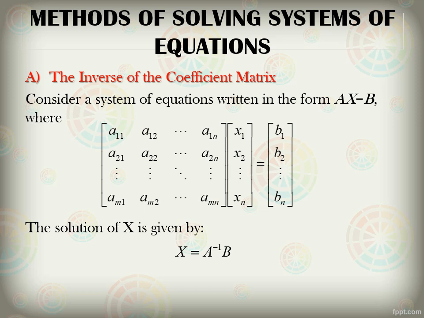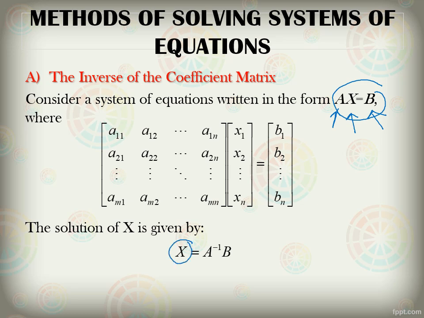Let's go to the first method of solving a system of linear equations, which is the inverse of the coefficient matrix. When we have a system of linear equations that consists of a few linear equations, you can write it into matrix form. You can have matrix A, and X is your unknown, and this is your matrix B. Now X will become our interest, our subject here.